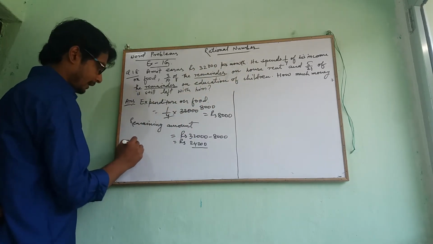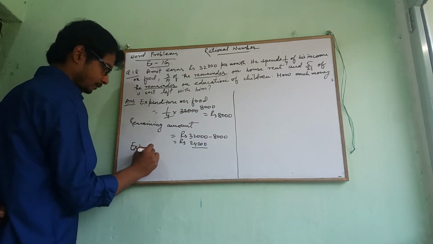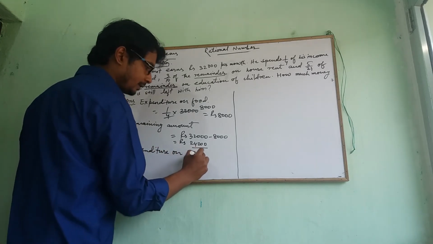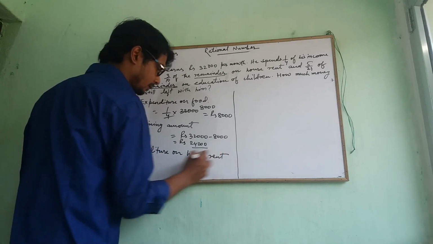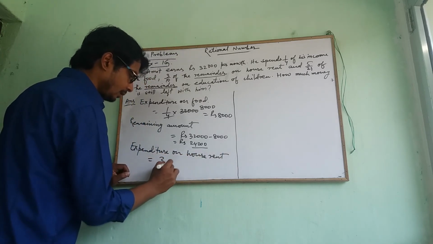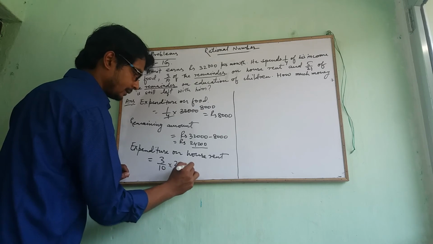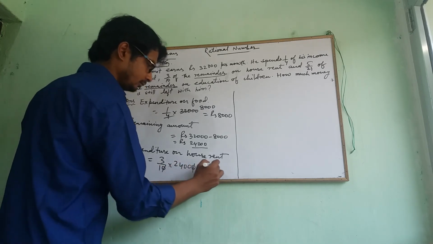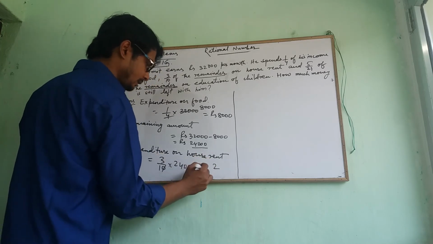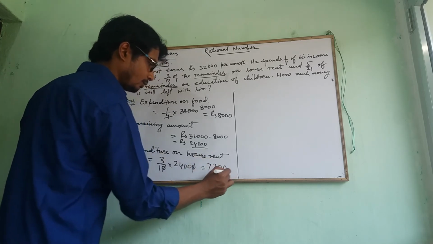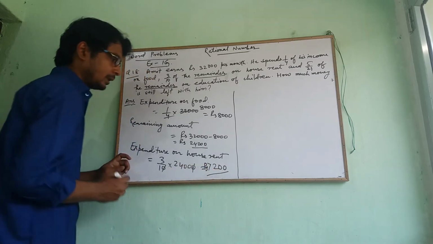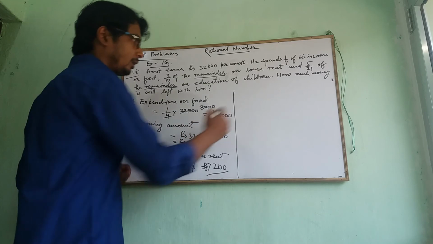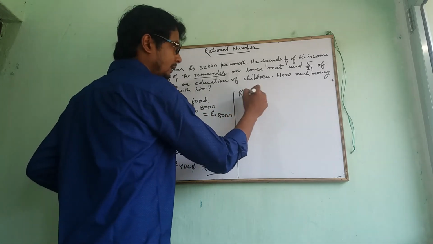So expenditure on house rent is equal to 3 by 10 of the remainder. So that is equal to 7,200 rupees. So he spent 7,200 rupees on house rent. Now what is the remaining amount?